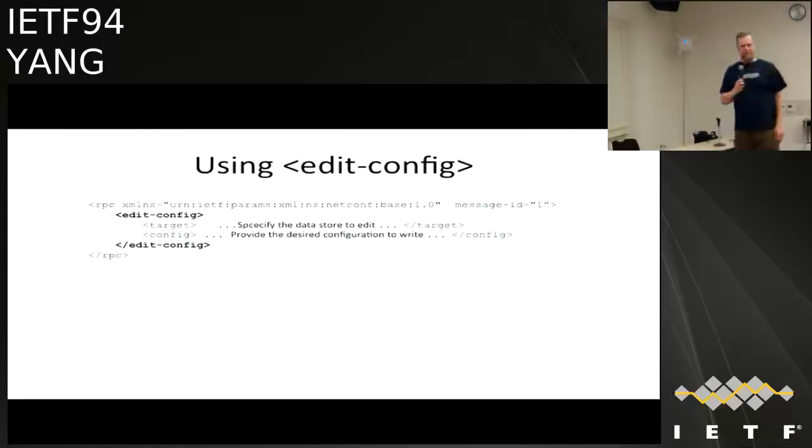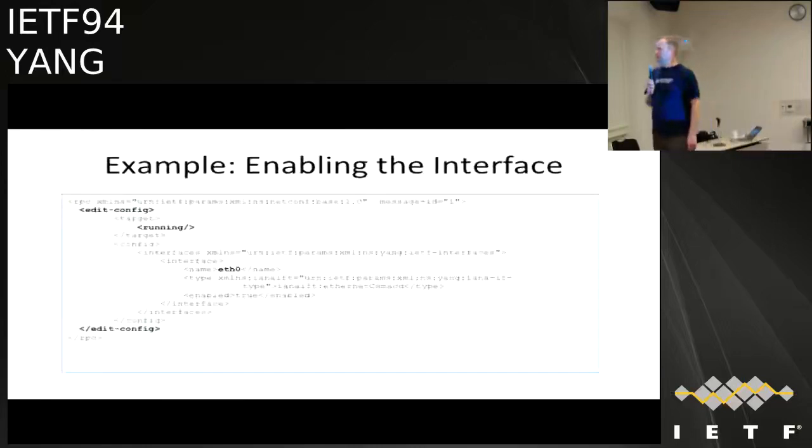So here's the actual payload to do what we did as an example in the previous Yang session. So edit config, target running. So no candidate subtleties, just straight into running. We know what we're doing.